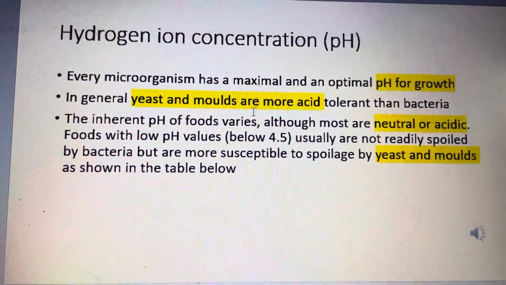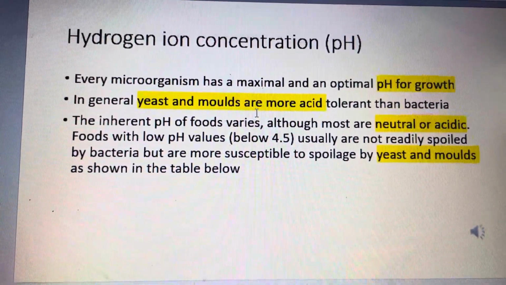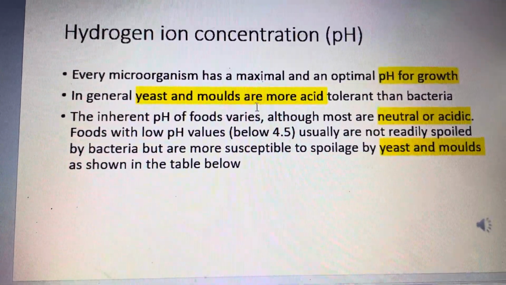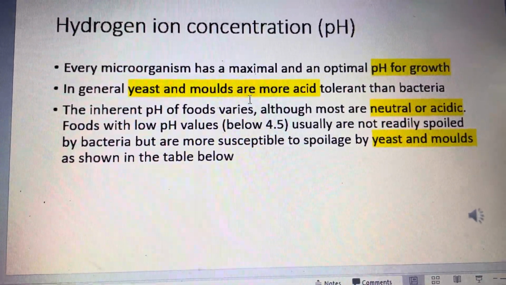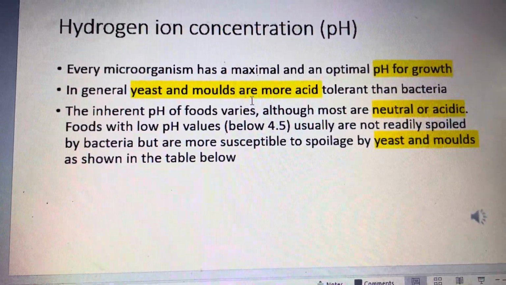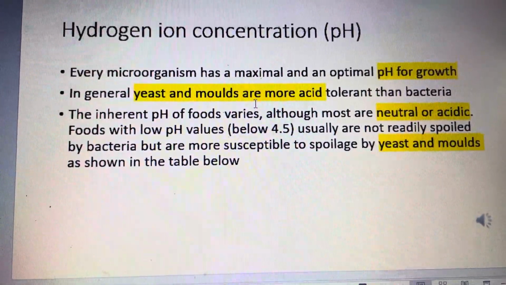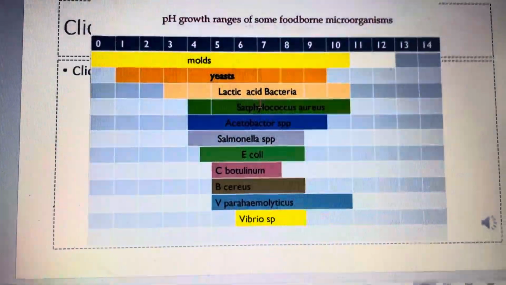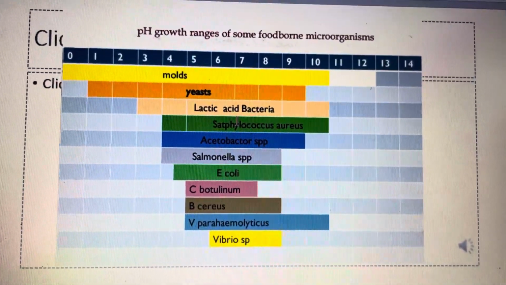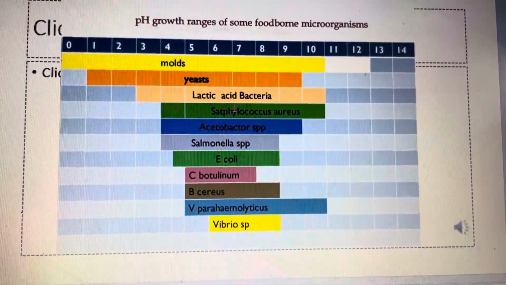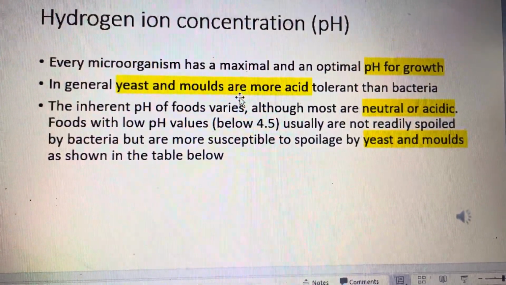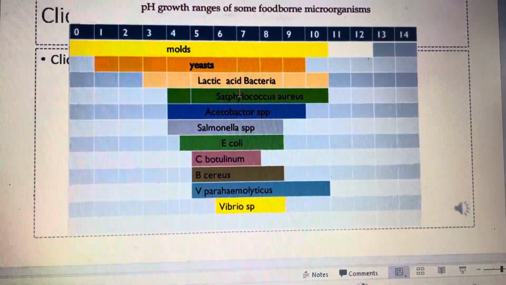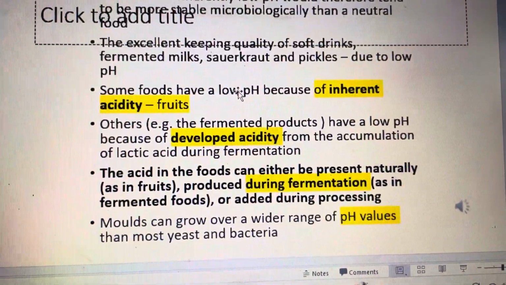The first factor is hydrogen ion concentration. In general, yeasts and molds are more acid tolerant than bacteria. Molds can survive in nearly a 0 to 10 pH range, and yeast is nearly the same.